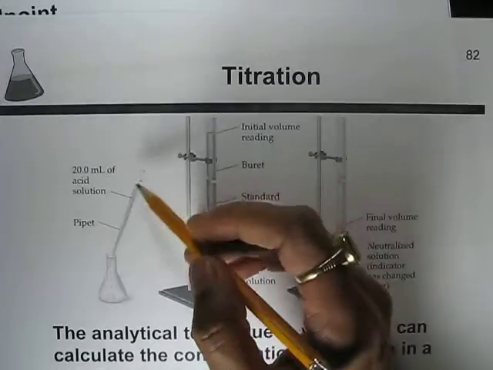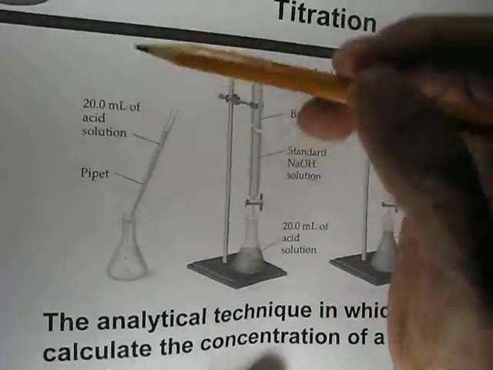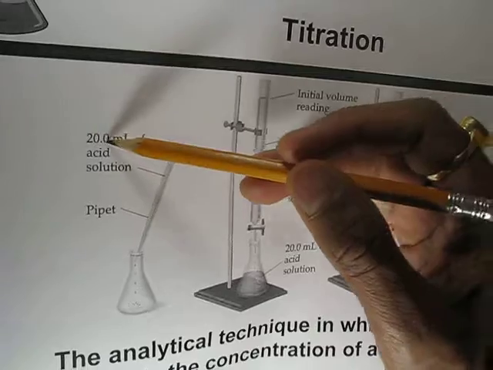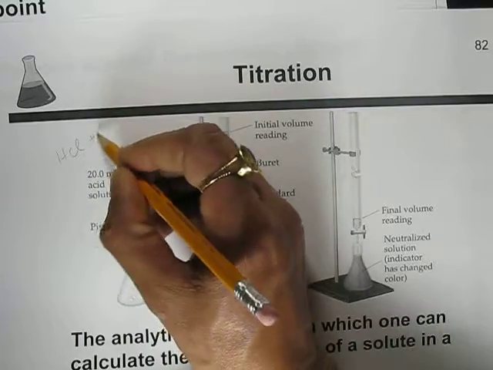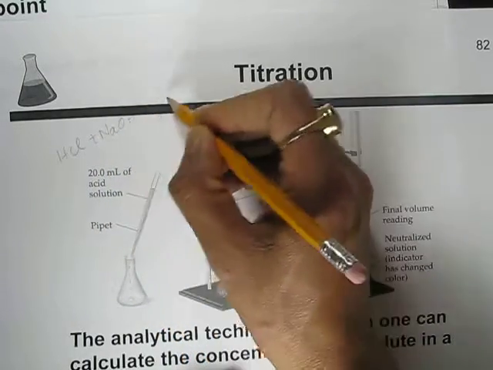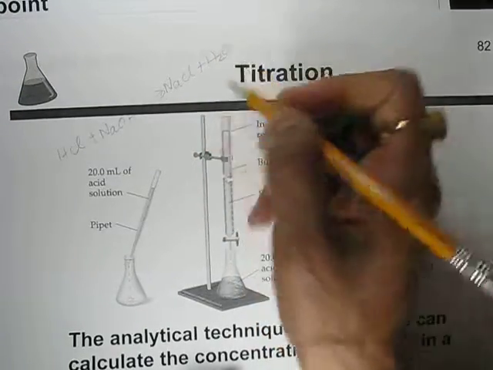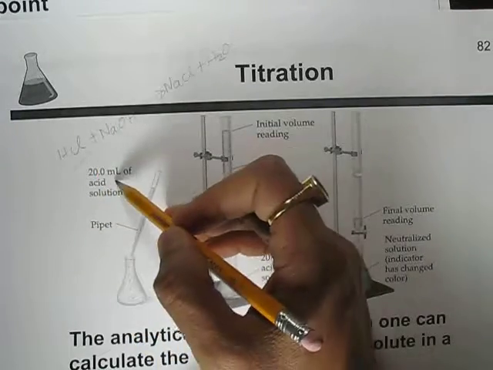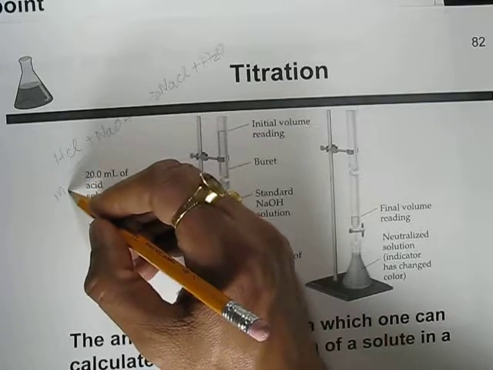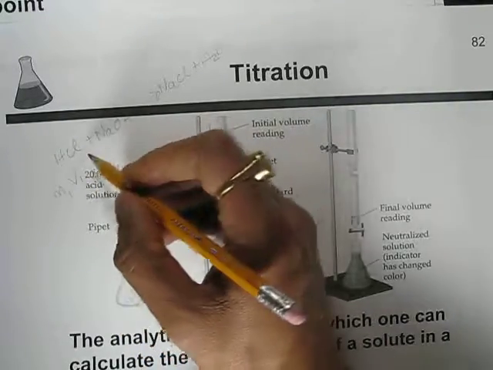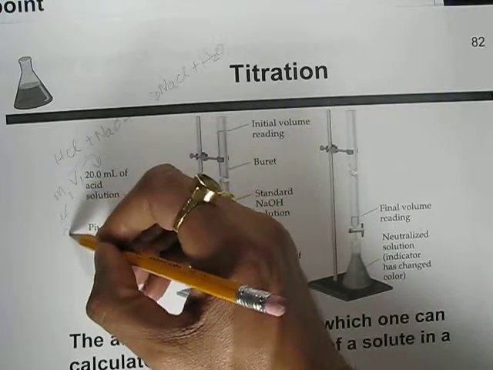Suppose we have taken 20 ml of acid. HCl plus NaOH gives sodium chloride plus water. We write the acid's molarity and volume as M1 and V1. We know V1 is 20 ml, but we do not know M1 for HCl.